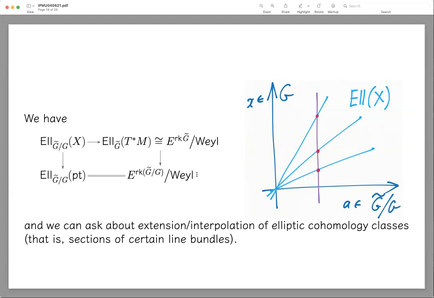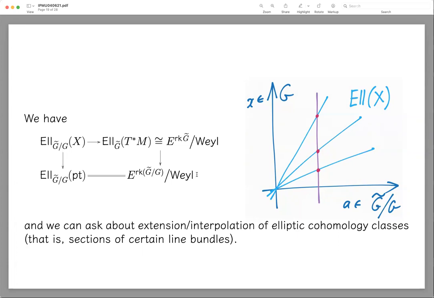This will have coordinates x and a1 through an, subject to the condition that x is equal to one of the ai, and this projects to just the base given by the ai.